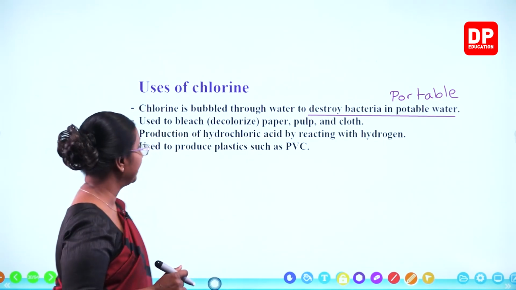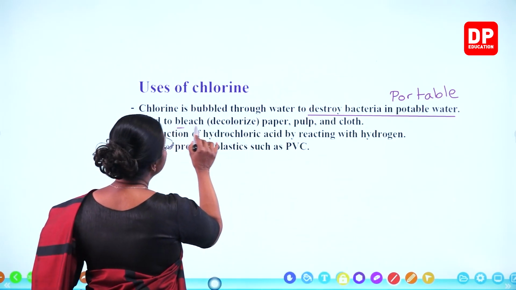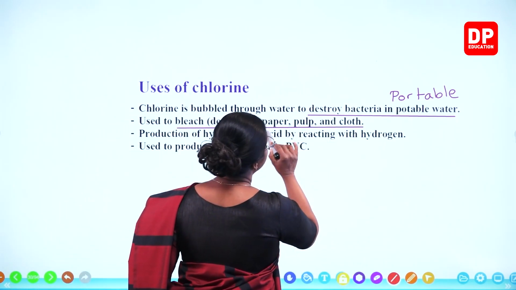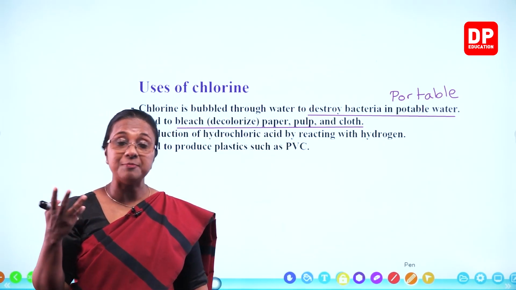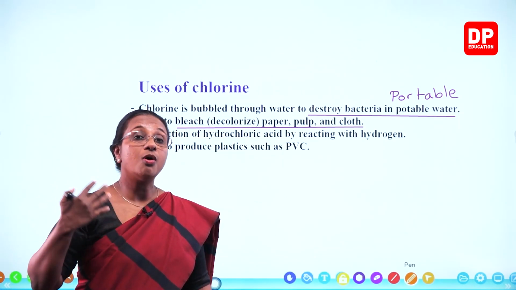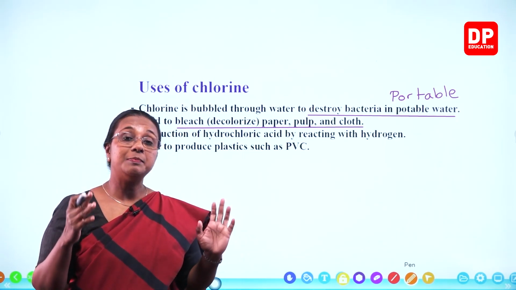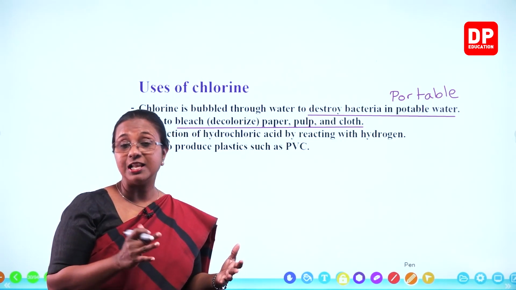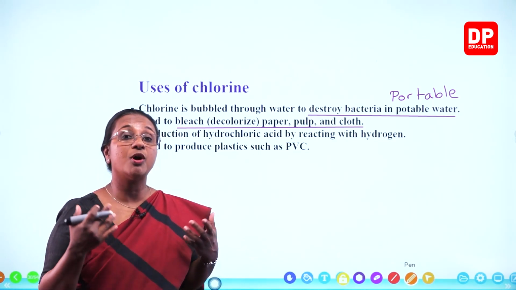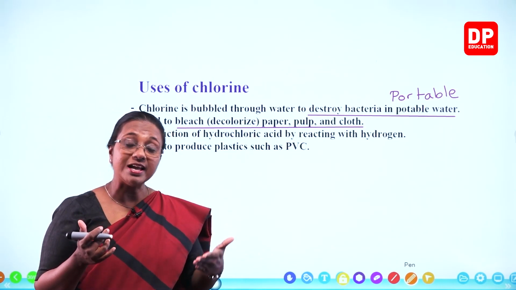That is one application. It is used to bleach, that is decolorize, paper, pulp and cloth. Now, if you look at some papers, when manufacturing paper, the paper has to be very white. Good quality paper should be white in color. You all know the A4 paper that we use for printing. It has to be white in color.